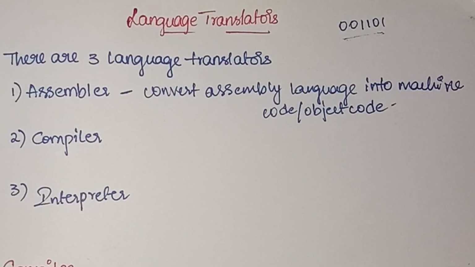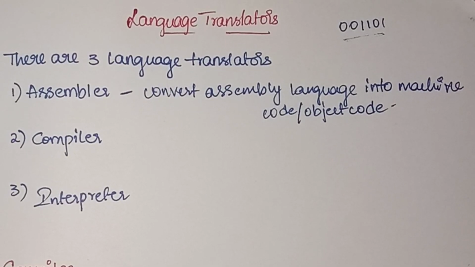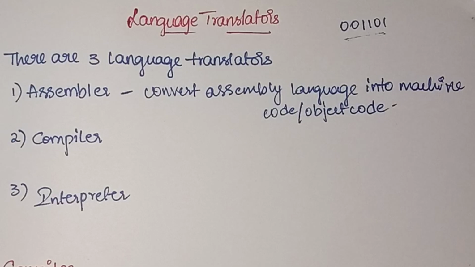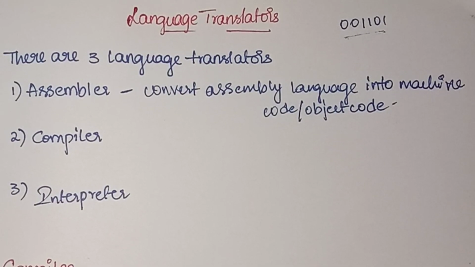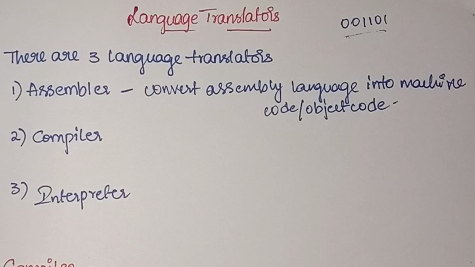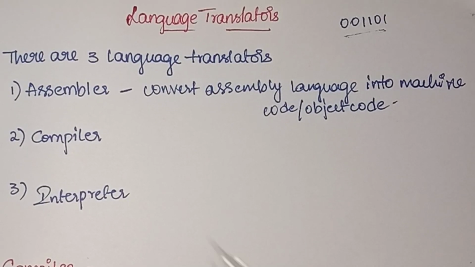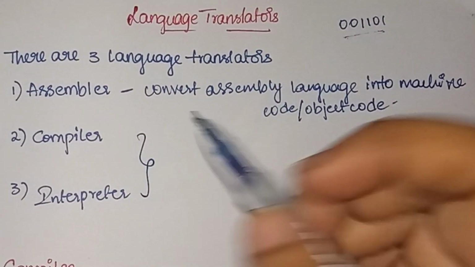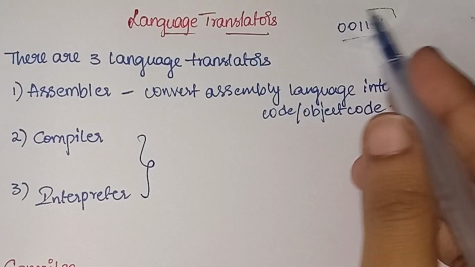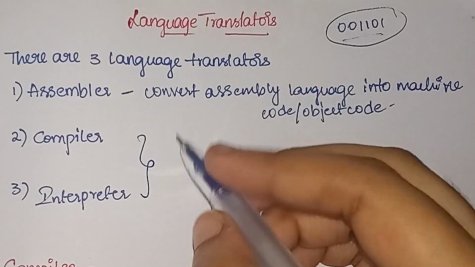So if I am writing a code in C language, suppose #include <stdio.h>, int a, int b, I am giving some data types and everything. Now the computer cannot understand that language. Instead, it understands it only in the combination of zeros and ones.